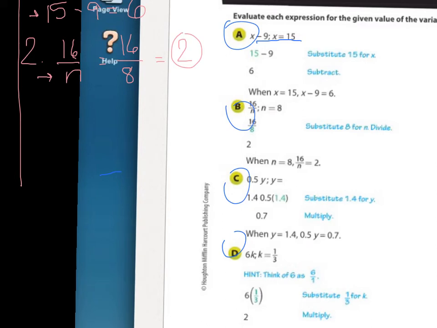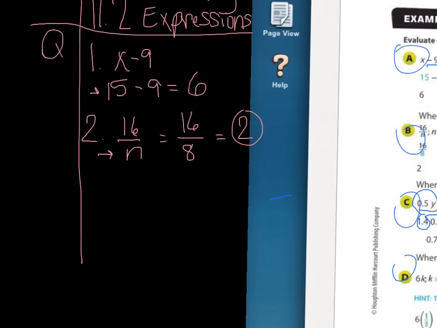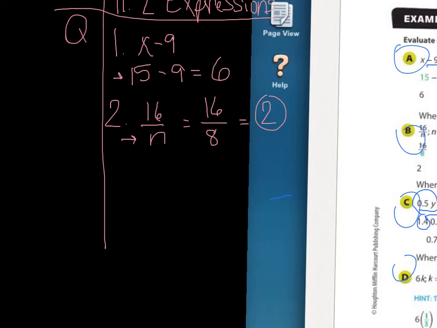Okay, let's look at C. C says 5/10 y when y equals 1 4/10. I think they have a little mistake here. Now, there's one thing you have to understand: when the letter and the number are right next to each other, that means you multiply.